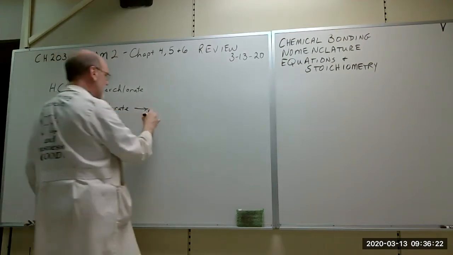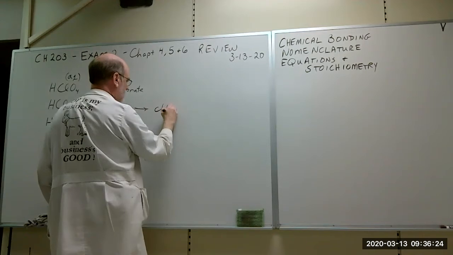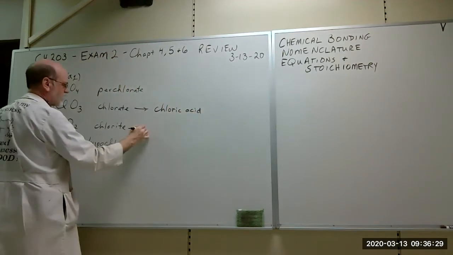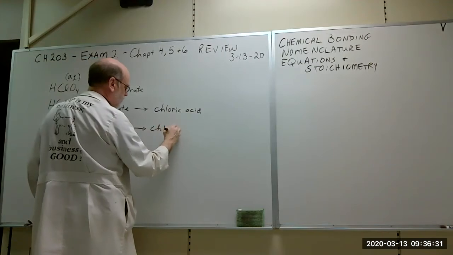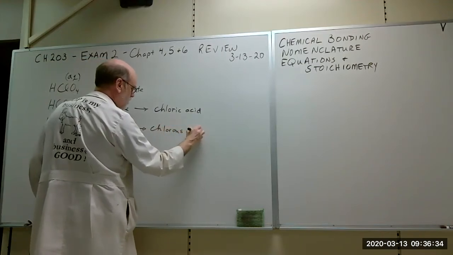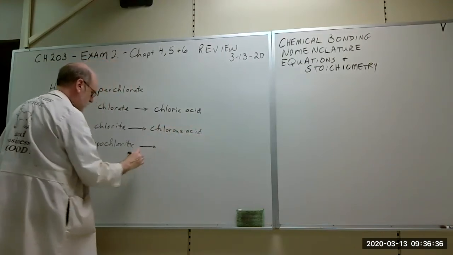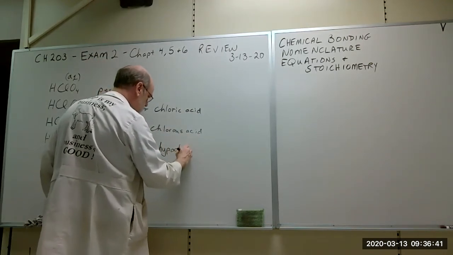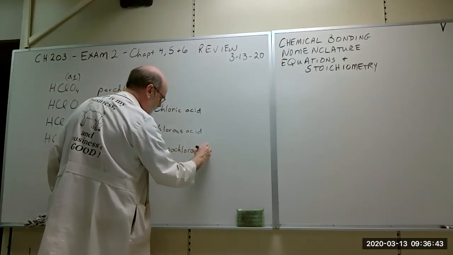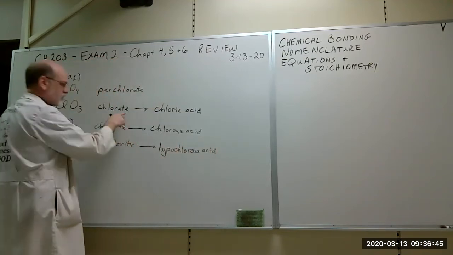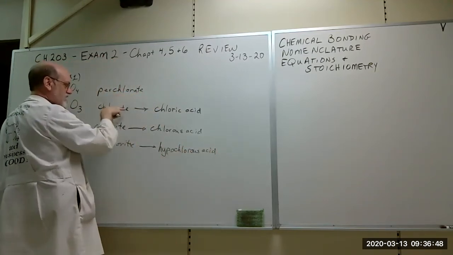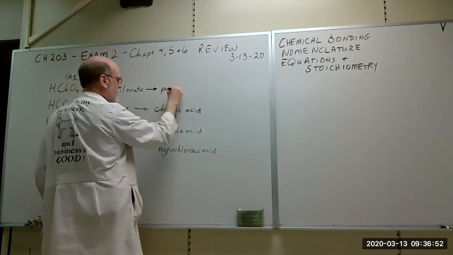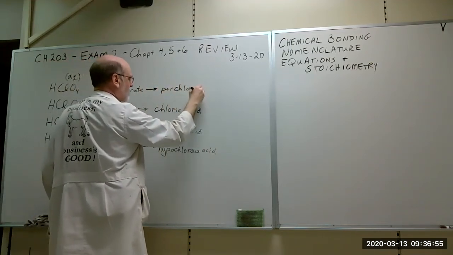The "ate" becomes "ic", chloric acid. This one becomes chlorous acid. This one becomes hypochlorous acid. And this one has a per in it, so this one is perchloric acid.